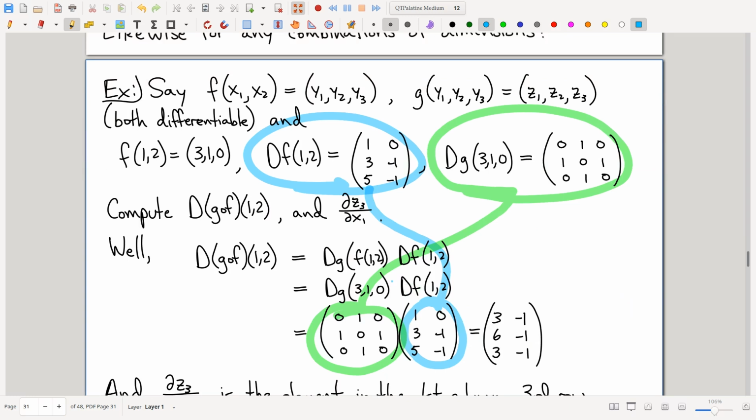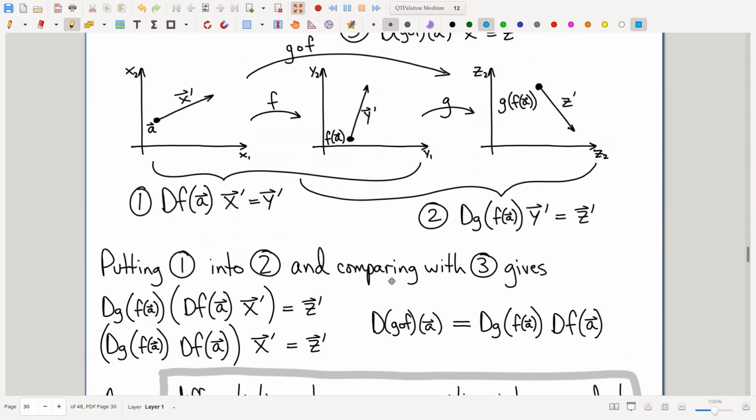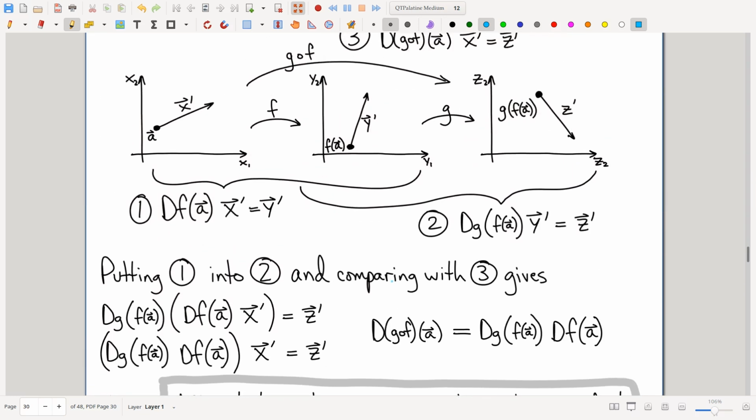Can you scroll up a bit? Mm-hmm. Yeah, so the vector that gets fed into dg, like that f of a thing, is actually df of a, right? Well, so what we really have here is this x prime vector. That x prime vector is going to be over here, and it's also going to be here.